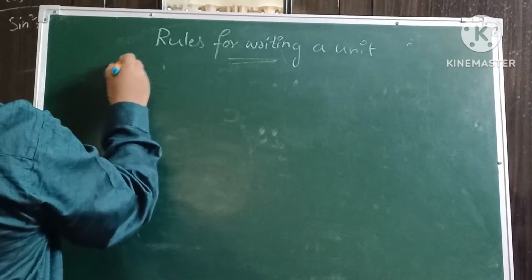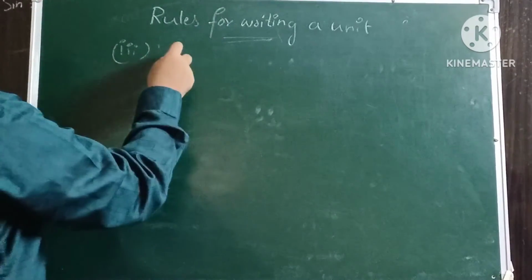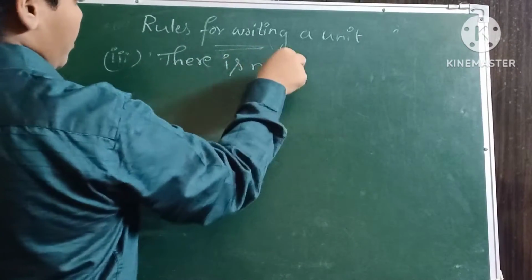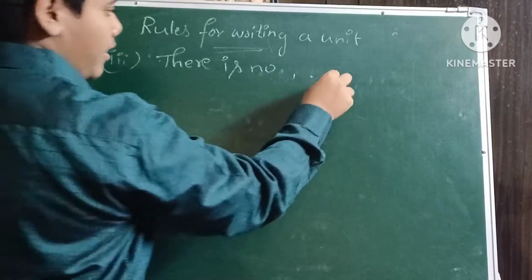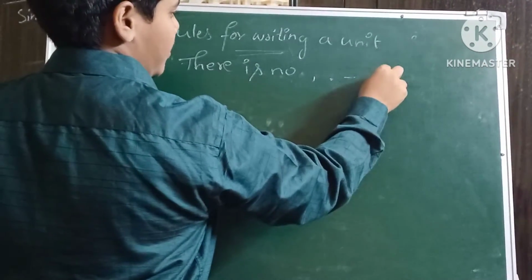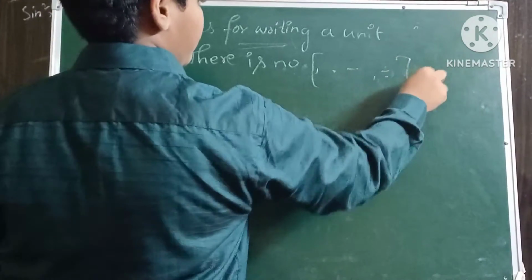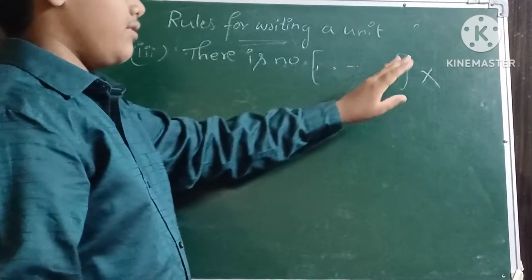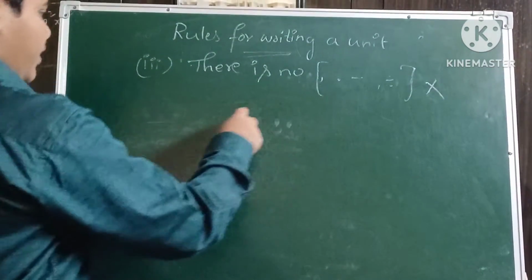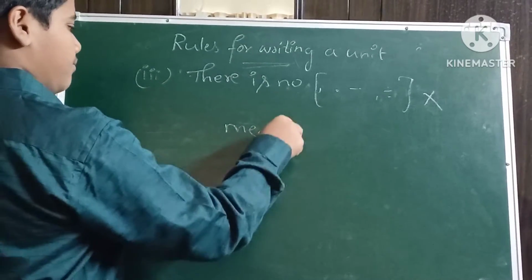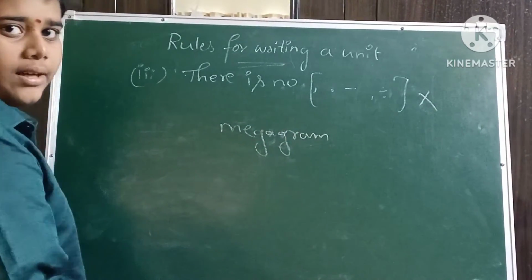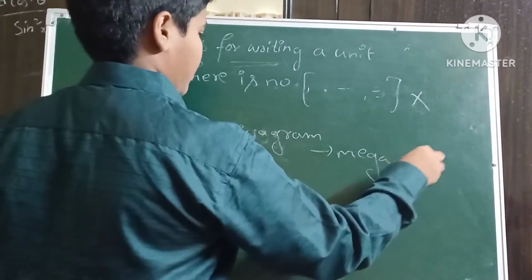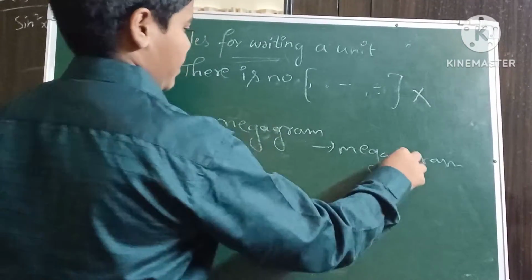So the third rule is, there should be no commas, full stops, hyphens, or semicolons. For example, if I take megagram, some students write mega-gram, putting a hyphen in between.